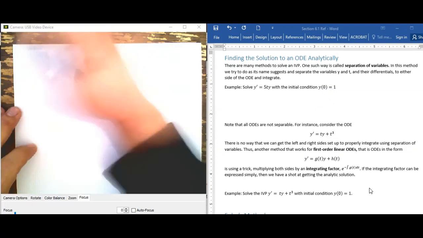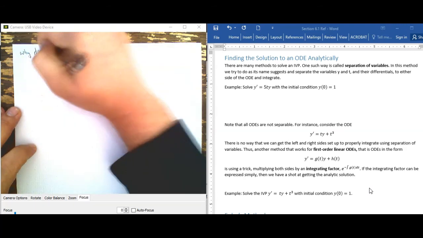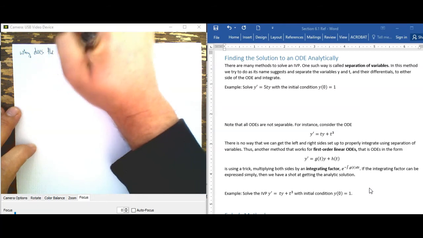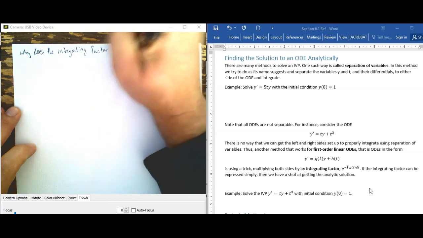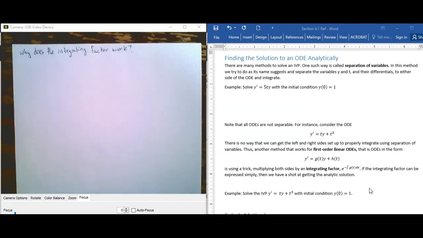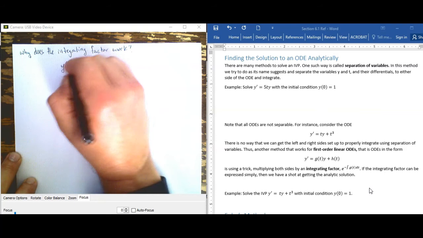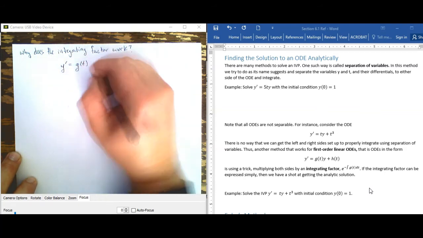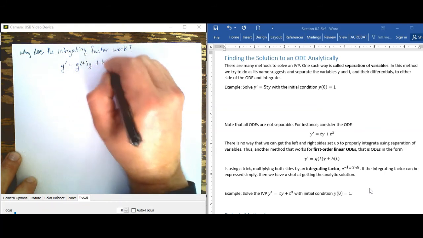So let's look at why the integrating factor works. Consider this function here, y prime equals g of t y plus h of t.